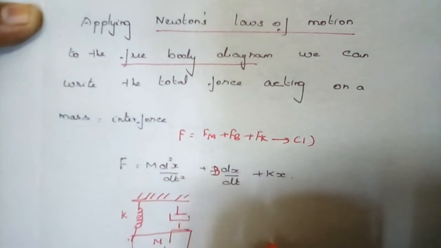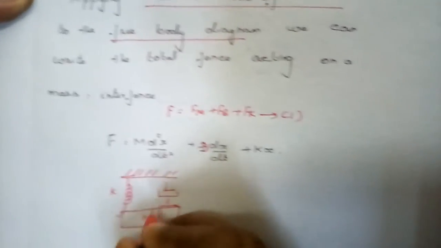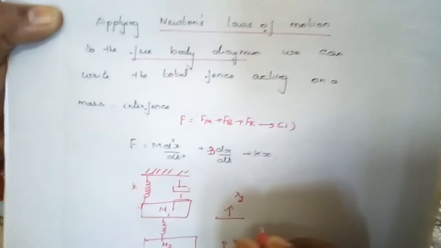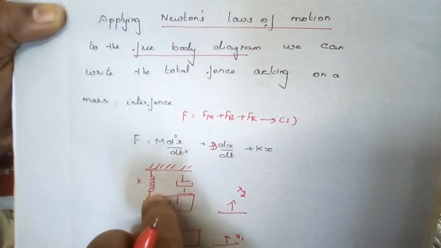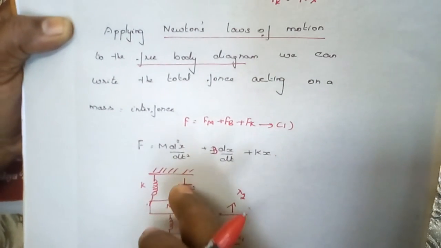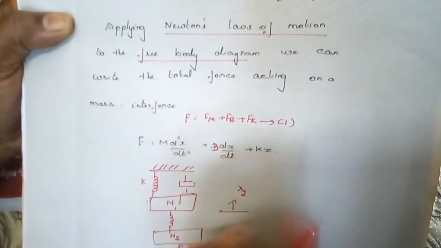If it is displaced by the displacement x1 and displaced by the displacement x2, you are supposed to get two equations depending upon the elements acting upon the masses.